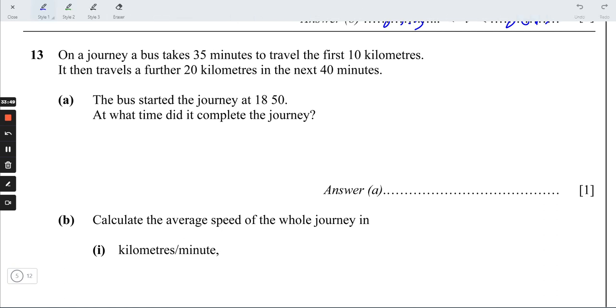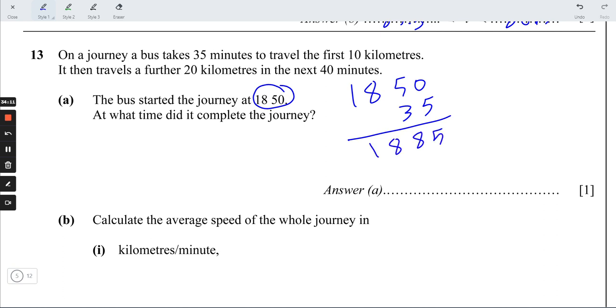Okay, the idea is adding time. So they started at 18:50. The first 10 kilometers took 35 minutes. So 18:50 plus 35, you will get 18:85, and we know we cannot write 85 minutes.